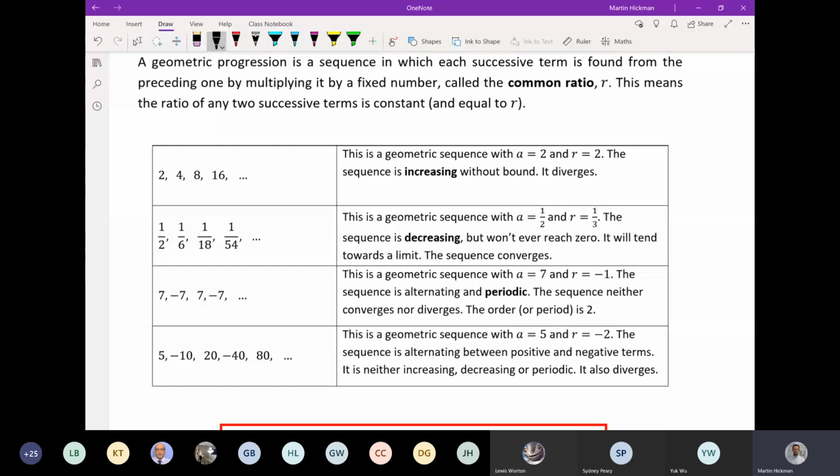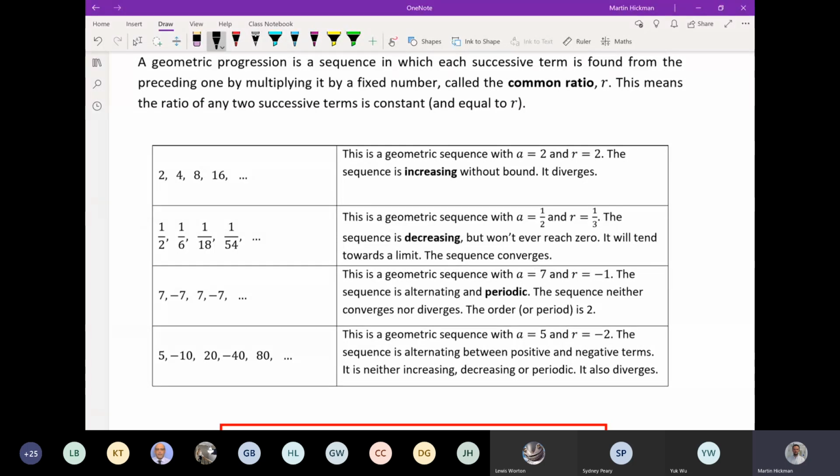This sequence is always increasing, and it's what we would call a divergent series. We will talk more about that a little bit later on in this booklet. Basically, all you need to know at this stage is it doesn't converge to a particular number. It's just going to keep getting bigger and bigger and bigger.